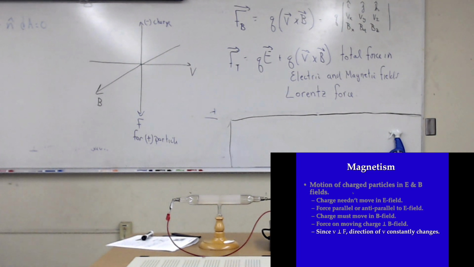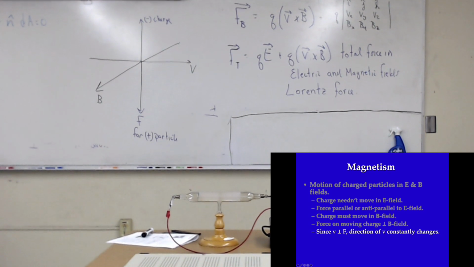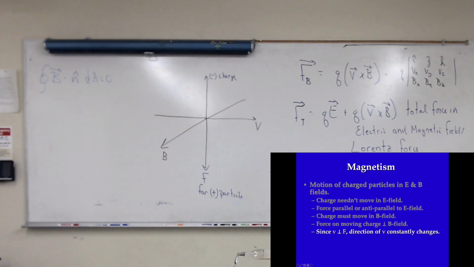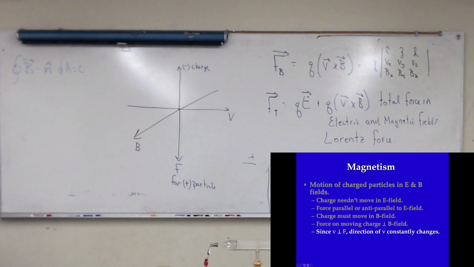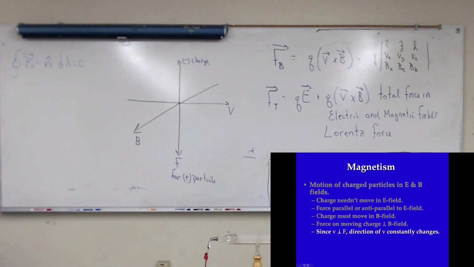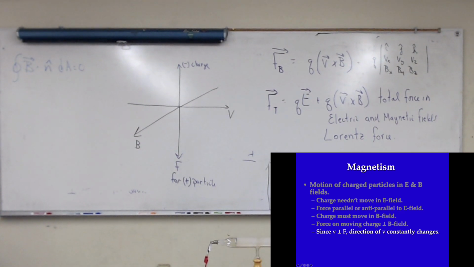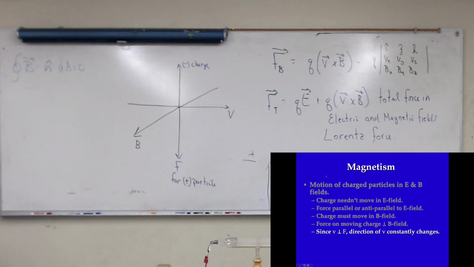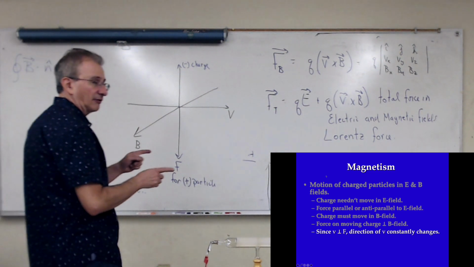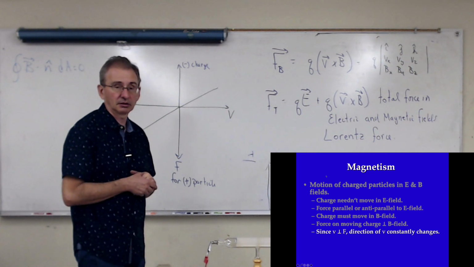Magnetic fields will not cause the magnitude of the velocity vector to change, but only the direction of the velocity vector. It won't change the length of the vector, it only changes the direction of the vector.